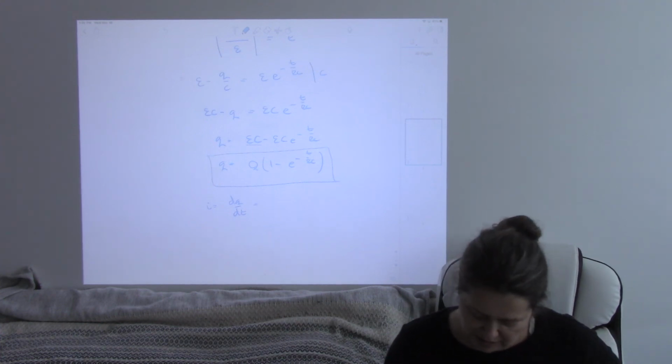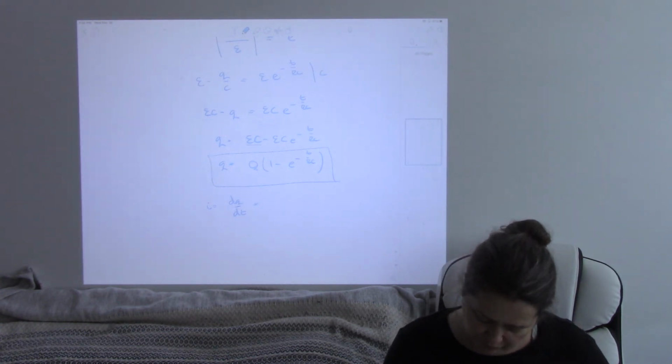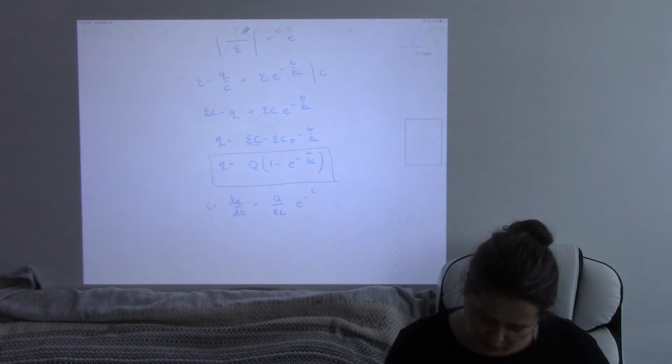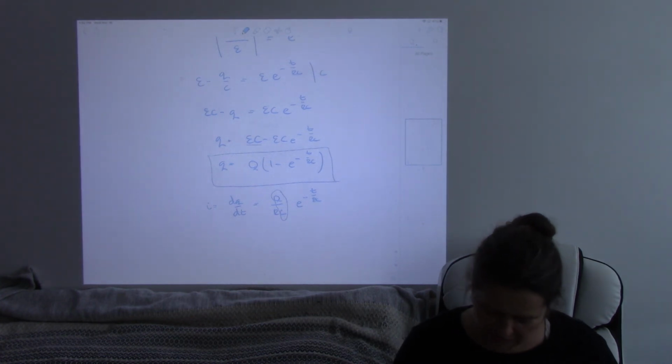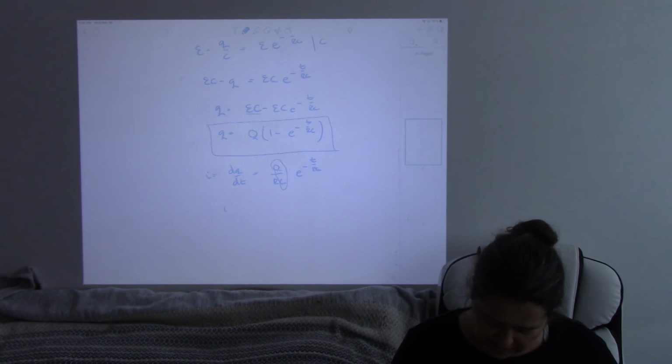And if we want to find the intensity, intensity would be dQ/dt, which is equal to, Q final is a constant, we get a 0 there, and then we have Q final over RC e to negative t over RC. And Q over C, this is a voltage, over R is going to give our intensity, and this is going to be our initial intensity.